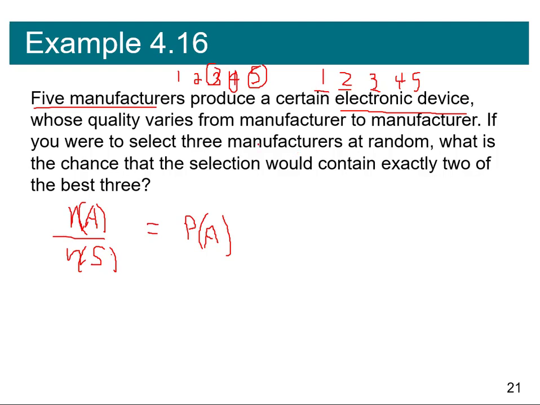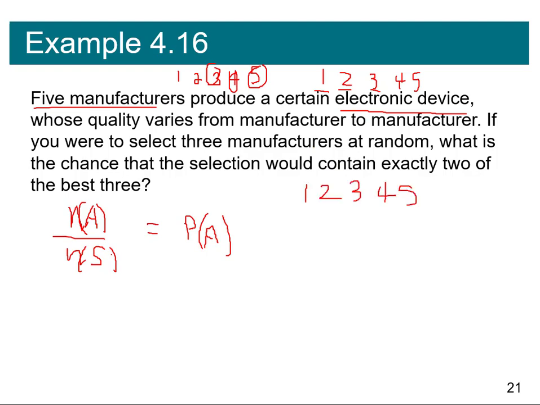So how about now? If I selected 3 at random, what is the chance that you would contain exactly 2 of the best 3? Well, actually, my selection contains 3 of the best 3, not exactly 2 of the best 3. So even now, I didn't get what we're seeking. This is not part of the event that we're seeking.